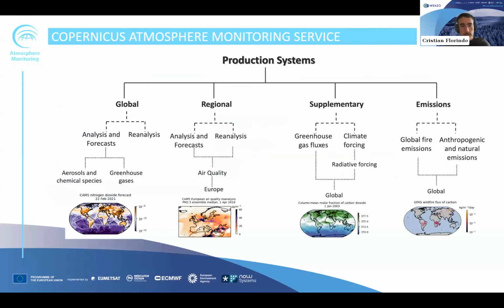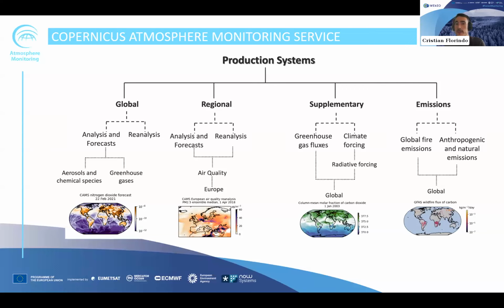So in the Copernicus Atmosphere Monitoring Service, you'll also find a few data sets covering the composition of the atmosphere, usually global, but you can also find some regional data sets as well.